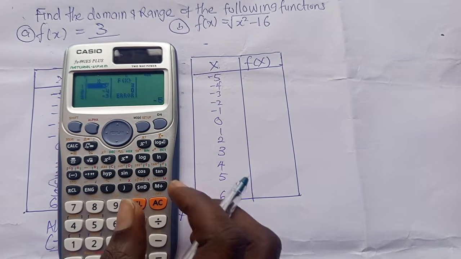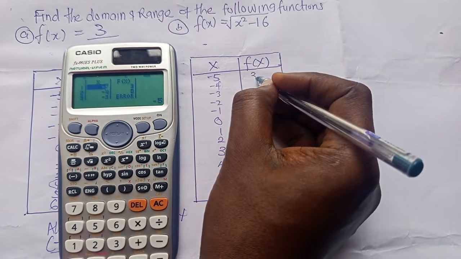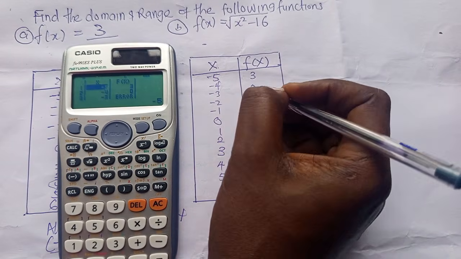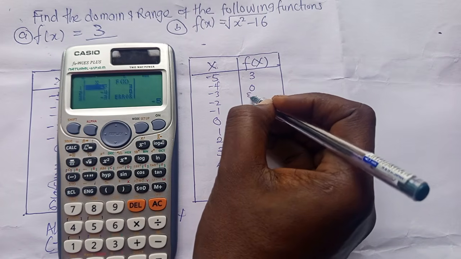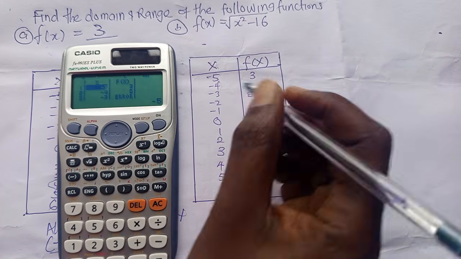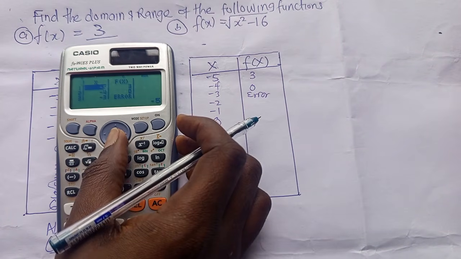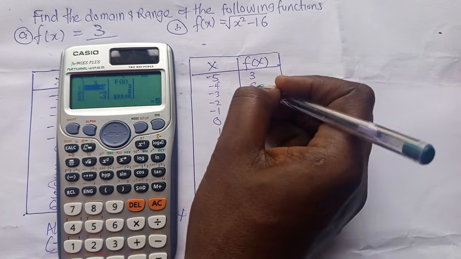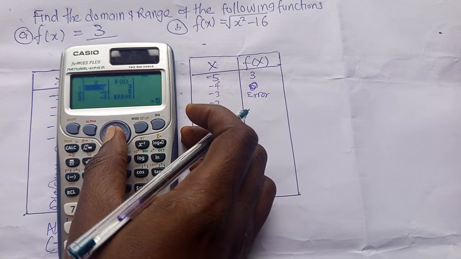Now, what is our first value? We have got 3, then we have 0, then we have error for minus 3. That means our minus 4 is 0, and our minus 3 is error.